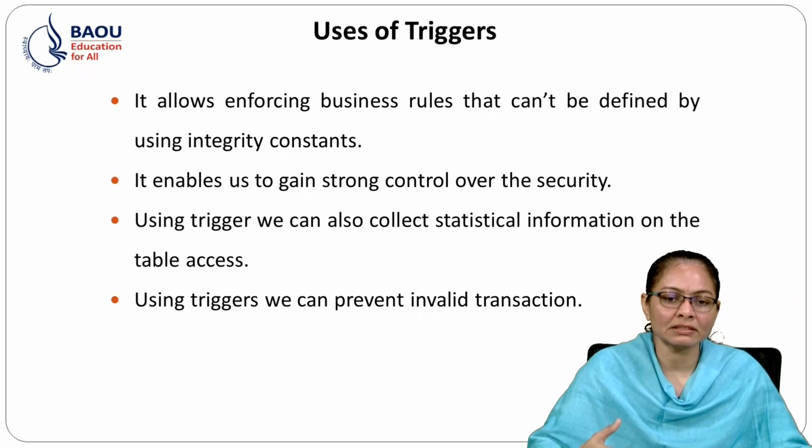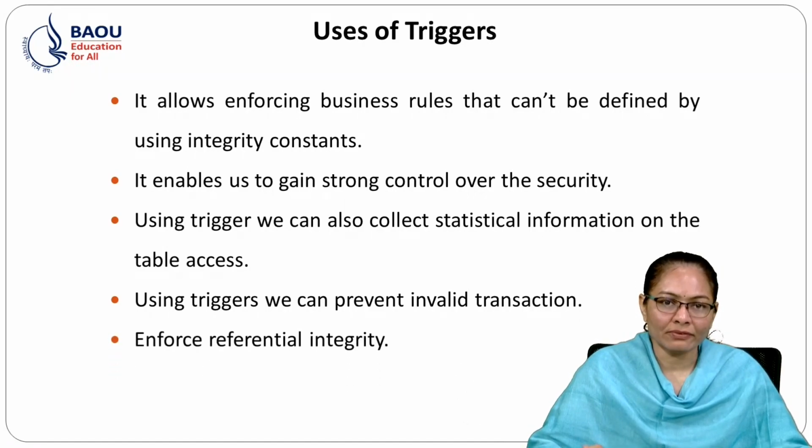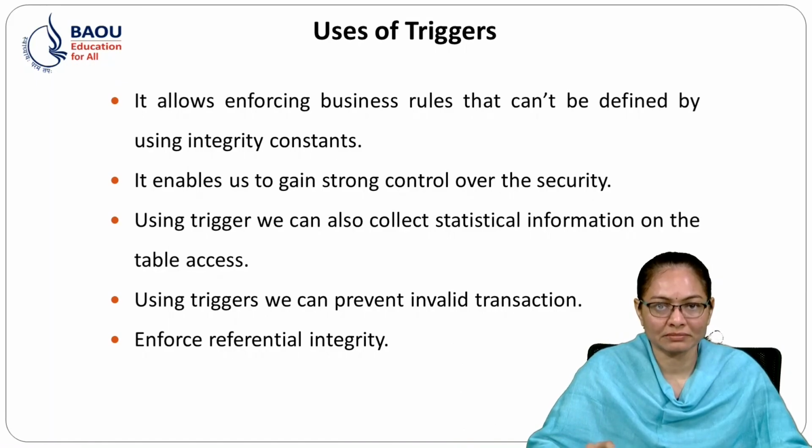So the trigger prevents the invalid transaction. It will check whether it is valid or not. If it is invalid, it will prevent it. If it is a valid transaction, it will be done. The last one is to enforce referential integrity. When you delete a record from one table, the trigger deletes the corresponding rows from another table.